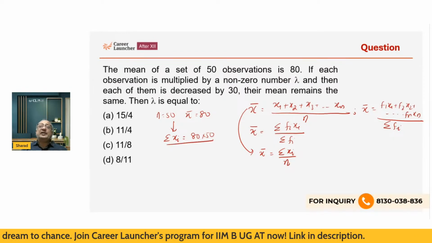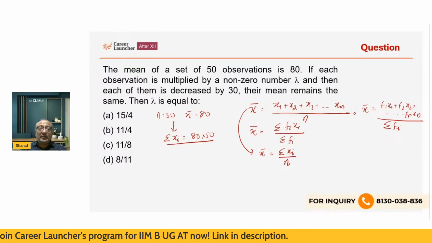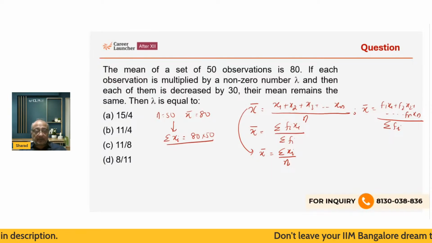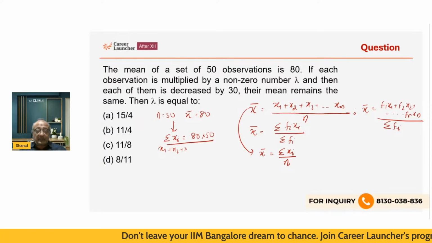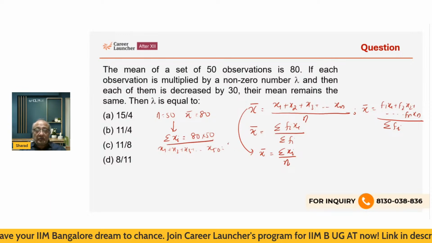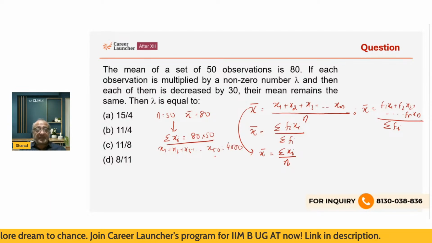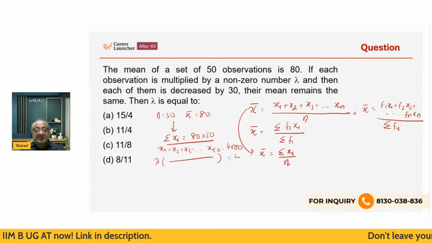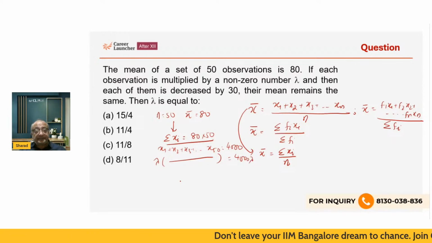Here I was just trying to help you recall what you have studied in your class 10th statistics. So x1 plus x2 plus x3 up to x50 is equal to 4000. If each number is multiplied by lambda, this value will also be multiplied by lambda.